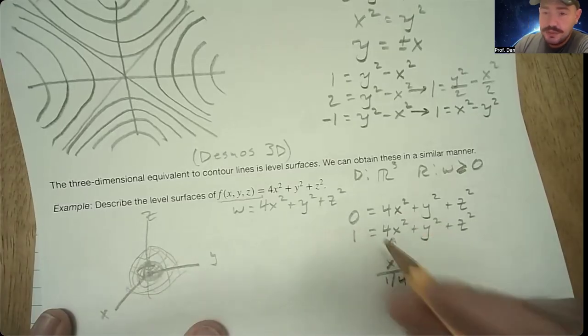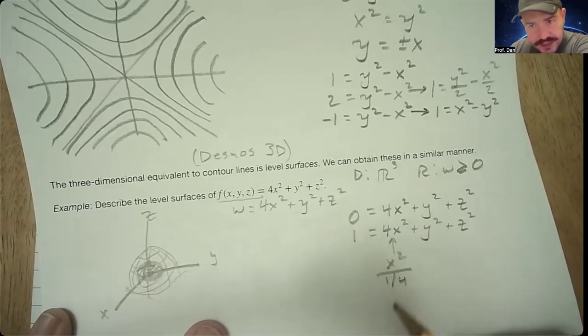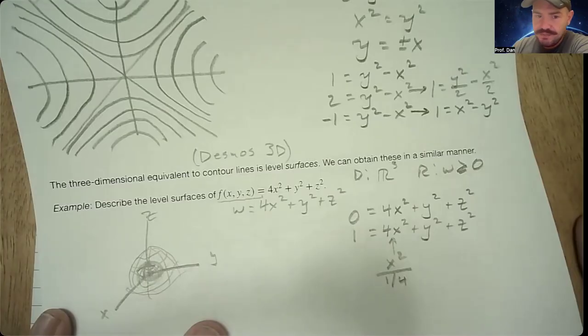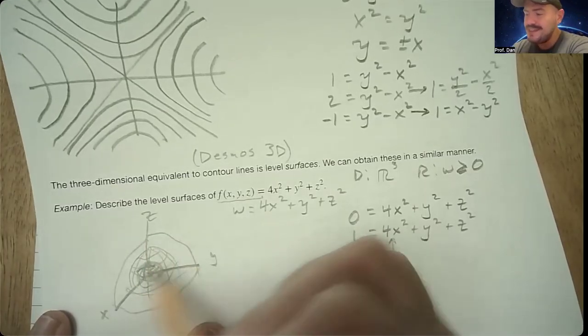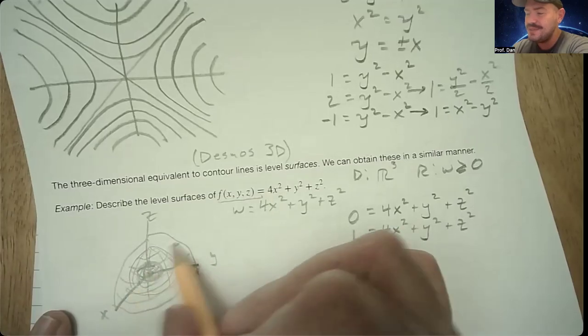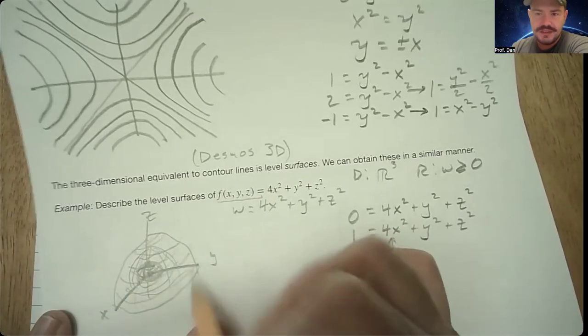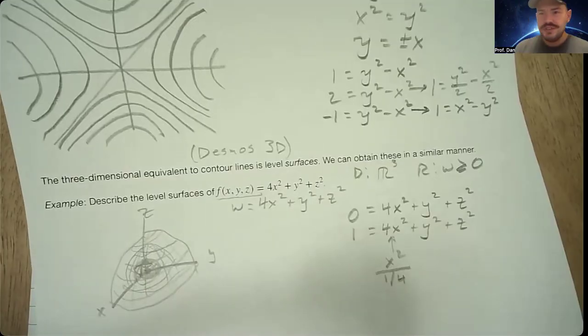And if I let w be equal to 3, we would have to divide every term by 3 to make that into standard form. So that would give us another ellipsoid. So we have an ellipsoid inside an ellipsoid inside an ellipsoid. It's kind of like those little Russian dolls, where you have a doll inside of a doll inside of a doll, or like those TikTok videos where they're doing trivia questions, and if you get one right, you get to open the little egg that has another egg inside.